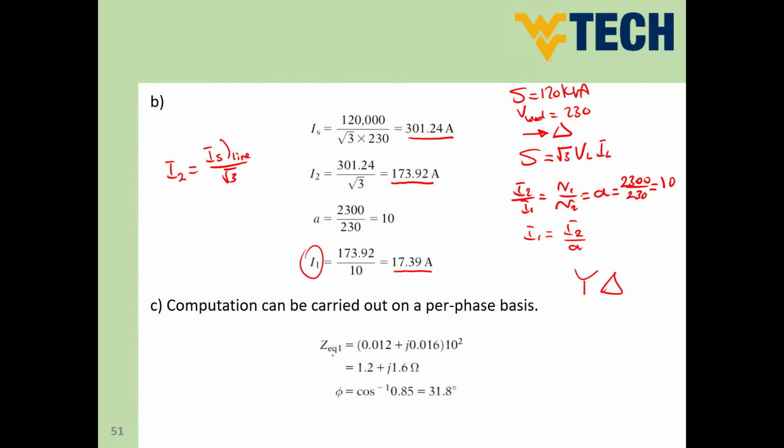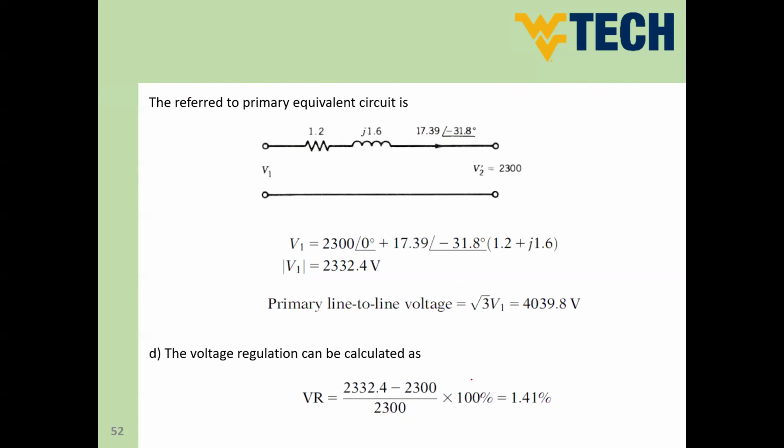How can we transfer the impedance to the primary side? Just multiply times the ratio squared. So this is the impedance, and we will multiply times 10 squared. So this is now the equivalent impedance referred to the primary side. So now we can say our primary voltage equals V2 prime, which is nothing but the 2300 volts, and all the time it is going to be the reference, as we mentioned, at angle 0.